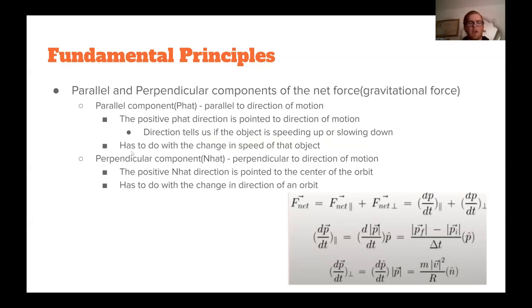The perpendicular component, which is n hat, is perpendicular to the direction of motion. The positive n hat direction points to the center of the orbit, and it has to do with a change in the direction of the orbit. These formulas down here are the p hat and n hat formulas.